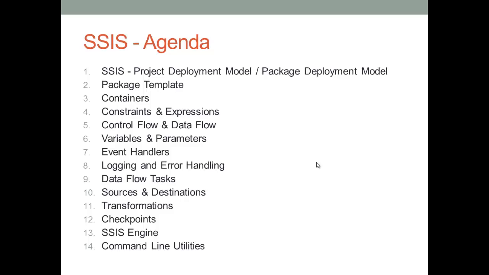We are going to do some logging and error handling, and we are going to go into details with the data flow tasks, sources and destinations, transformations, and checkpoints. And we are going to explore the SSIS engine in detail, and we are going to make use of command line utilities to run the packages. We also talk about deploying these packages to SSIS Integration Services.